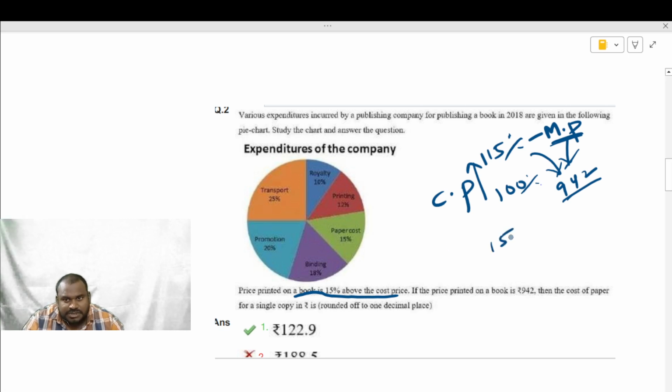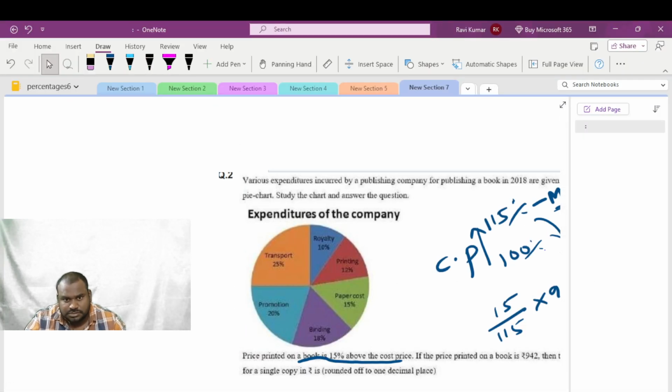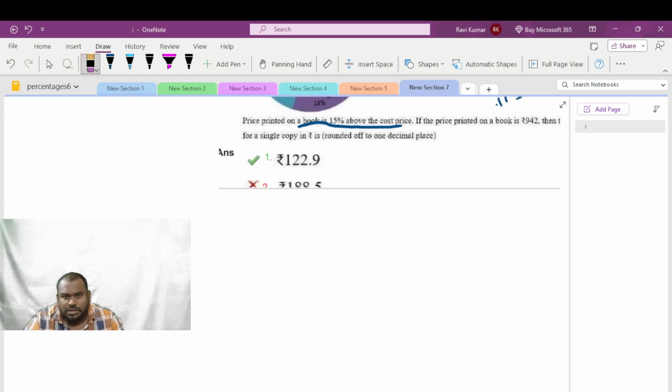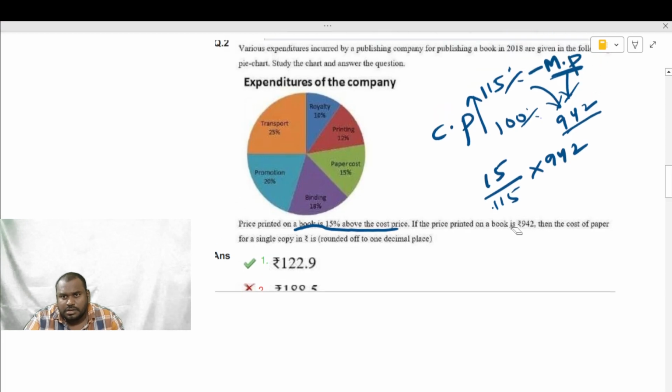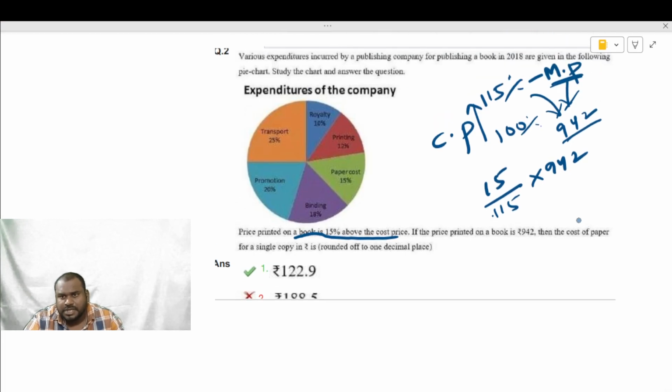How much is 15%? 15 by 115 into 942. Okay, 15 by 115 into 942, to calculate this.